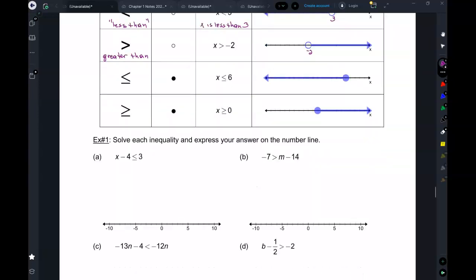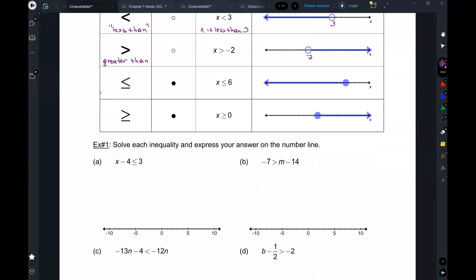Okay. This next one here is less than or equal to. Because it's got a bar underneath, that gets a closed circle.